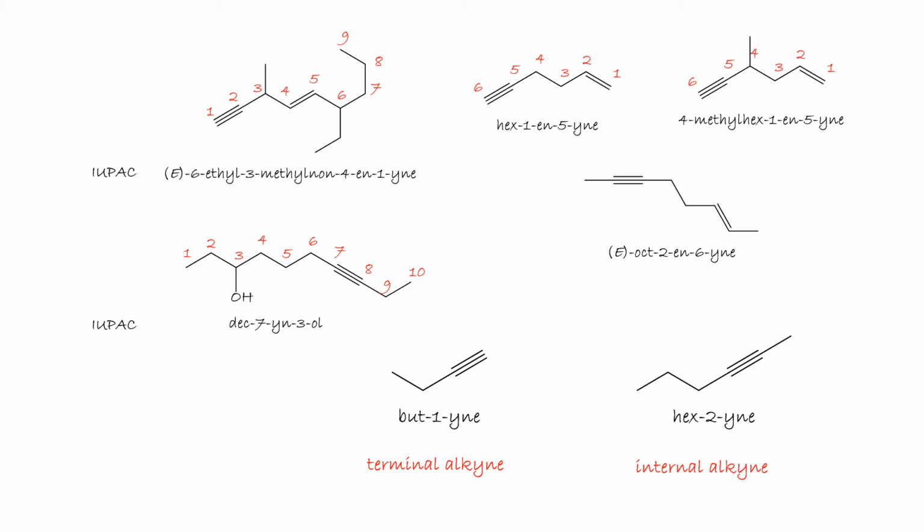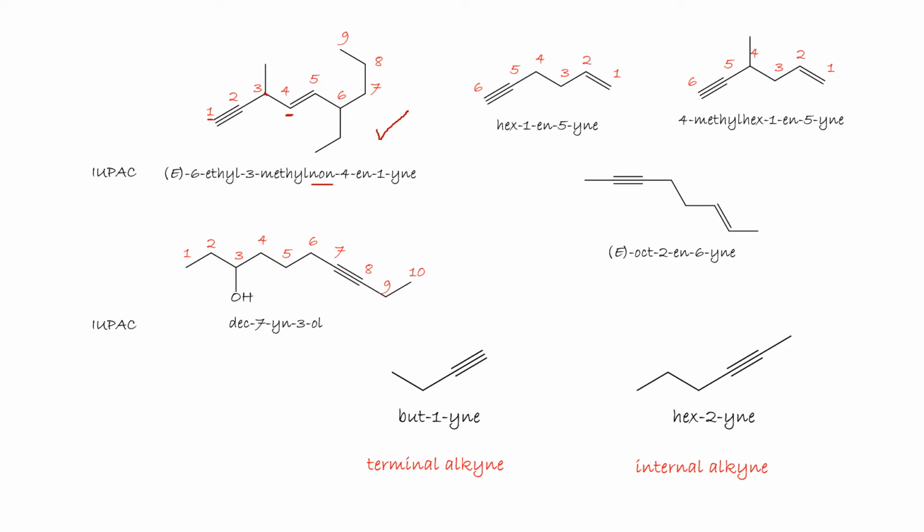For this compound, the long chain contains 9 carbons, so it's non. It contains a triple bond and a double bond. The triple bond, if we name it from this side, will be number 1. And the double carbon will be number 4. And that's the shortest. They are in different positions, right? And we have methyl on carbon 3.